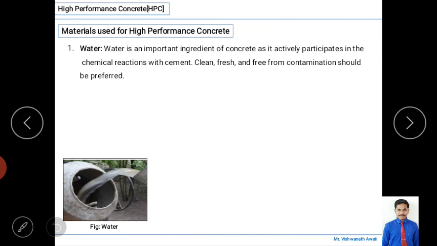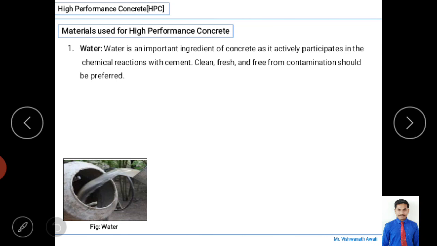One is water. Water is an important ingredient of concrete as it actively participates in chemical reaction with the cement. We use water mainly to mix the different ingredients used for concrete preparation, and it also plays the main role in the active chemical reaction with the cement as well as in the paste.